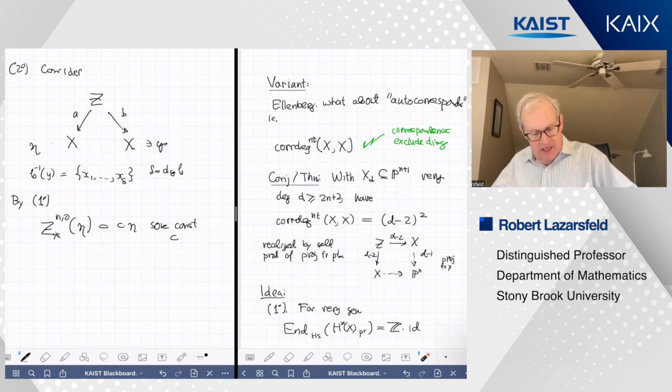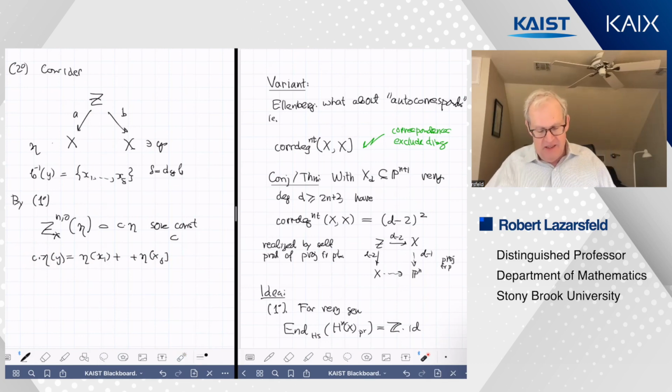And so what that means is that C times eta of Y has to equal the sum of eta of X1 plus eta of X delta. So now, we don't know that this is a null trace correspondence, but we do know that for any point Y, the multiple of the eta Y is the sum of the values of eta at these points.